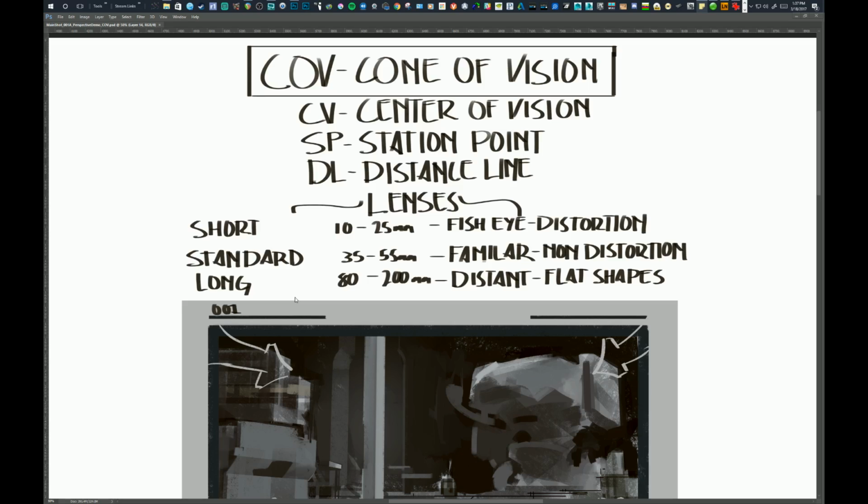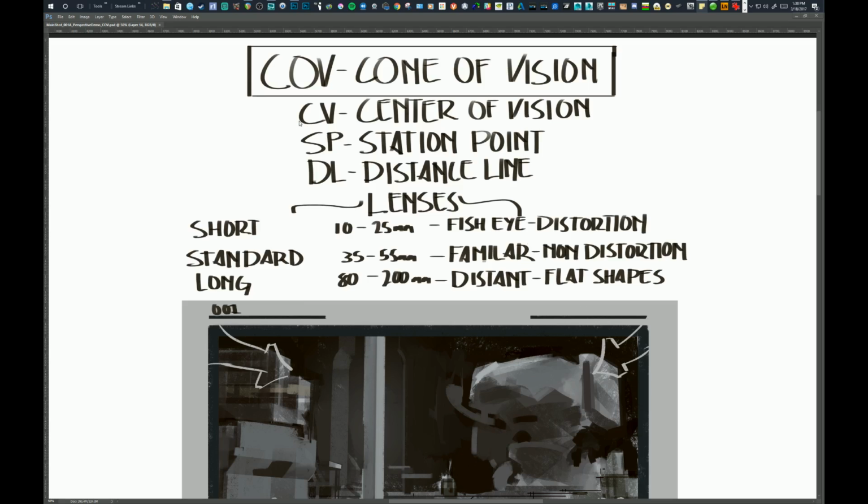So there are tricks and there are shortcuts that we can use when sketching that will give us a good estimate of our lens type without actually creating the technical linear perspective grid in its entirety. So we'll discuss all this stuff in here as I move forward.